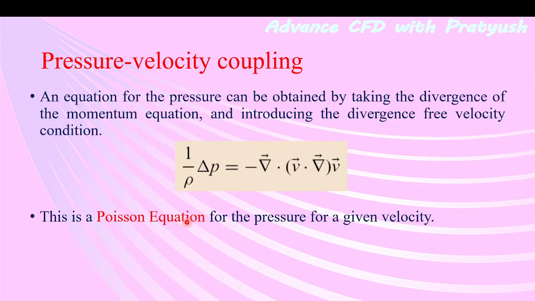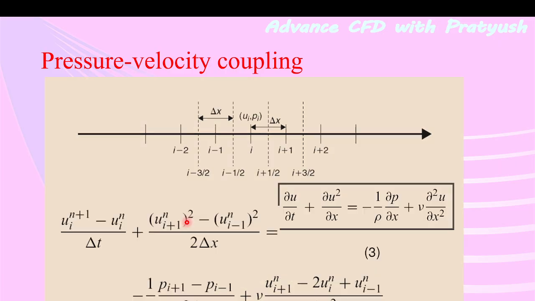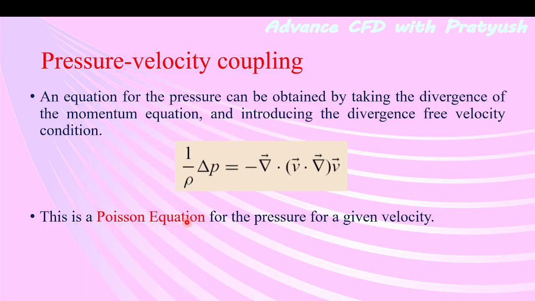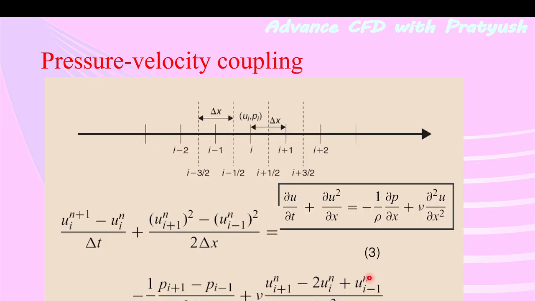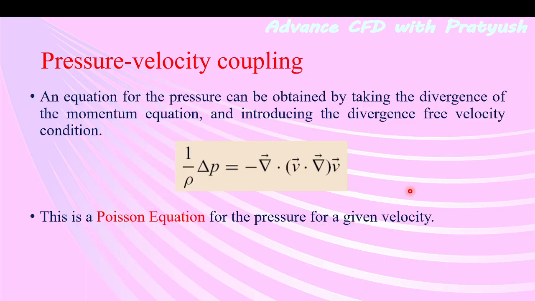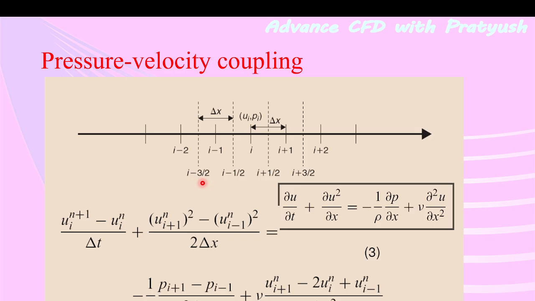Now as I said, the problem is that there is no specific equation for the pressure. So we need to come up with an equation for the pressure term. For that purpose, we take the divergence of the momentum equation, and we come up with an equation like this.